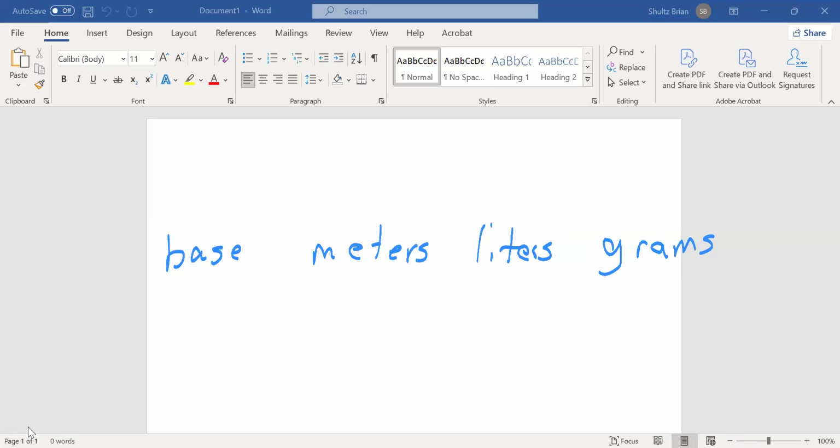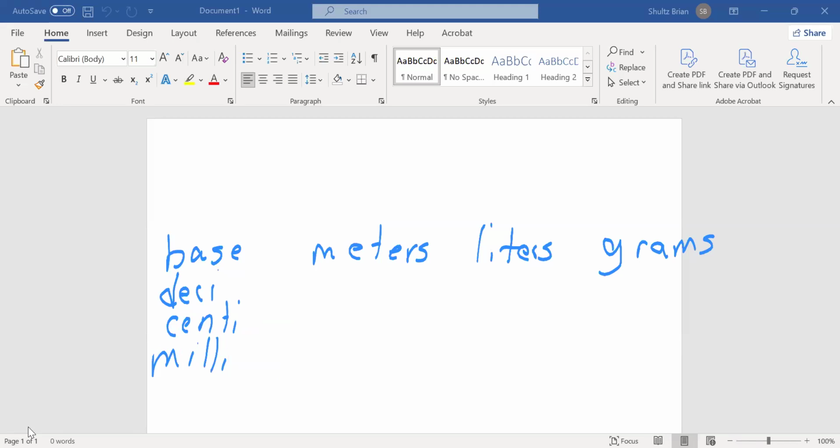From the base, the smaller units are deci, centi, and milli.